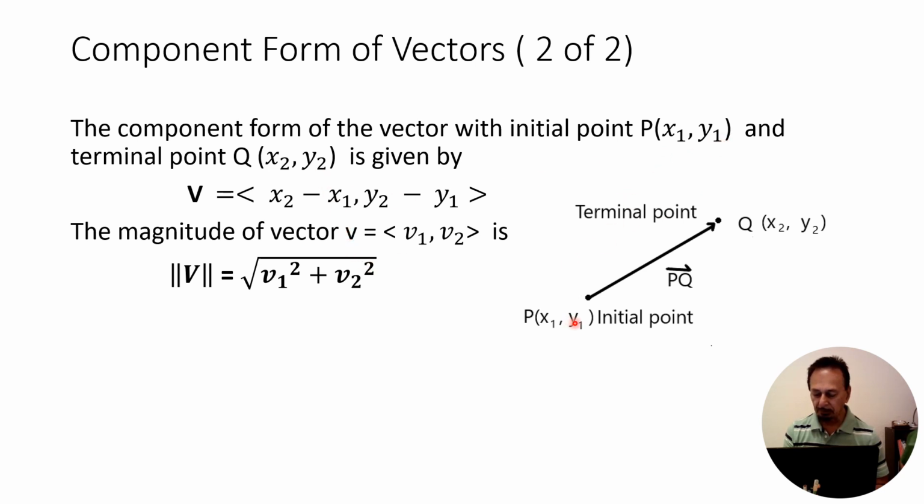So P is the initial point and Q is the terminal point. The magnitude of the vector V with components V1 and V2 is written this way: double bars V equals square root of V1 squared plus V2 squared.